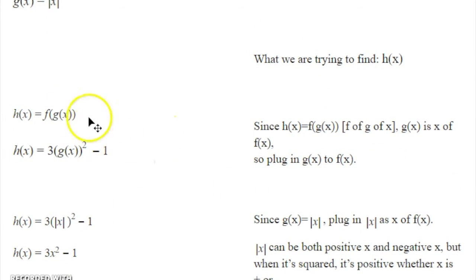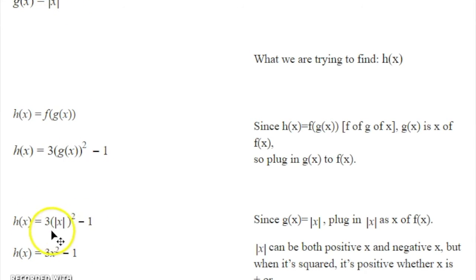Since h of x is f of g of x, we have to plug g of x into f of x. So I just plugged it in, so I got h of x equals 3 times g of x squared minus 1.